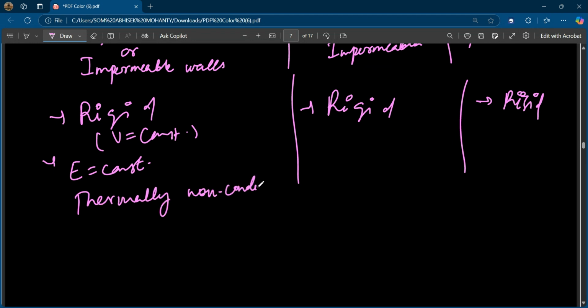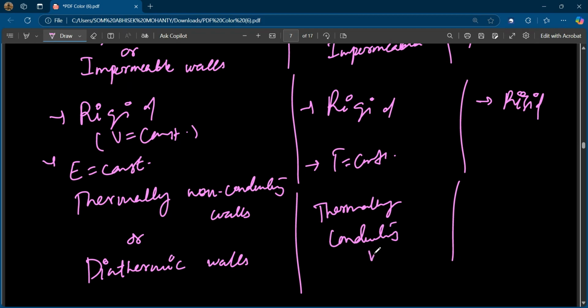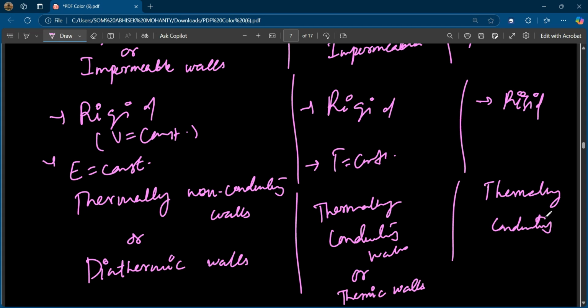In canonical, T is constant, so thermally conducting walls, or diathermic walls. The grand canonical also has thermally conducting walls.